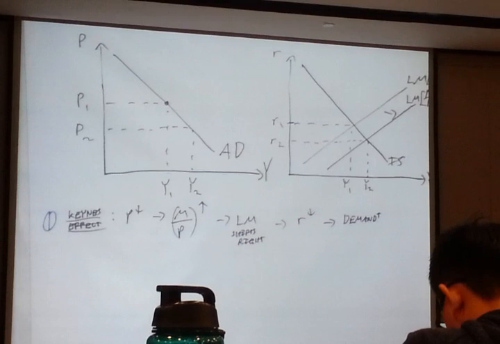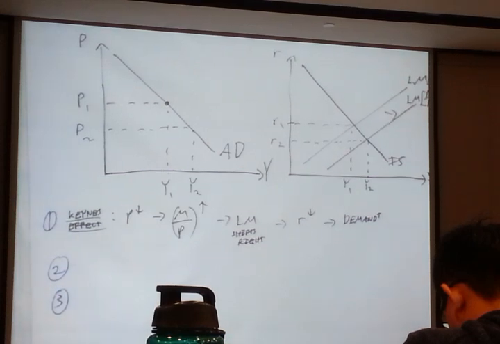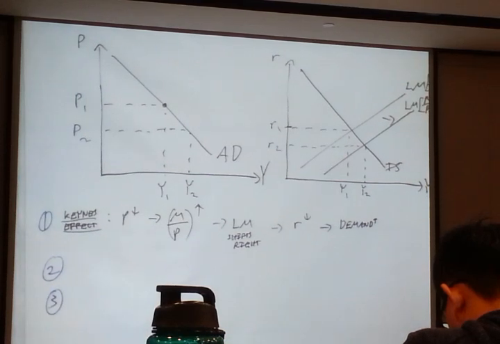It's the one I would always go for, but there are 2 others. One of them is very easy to understand. That's the more complicated of the 2, but it was the one I was going to do next anyway, so that's fine. There is a so-called Pigou effect.